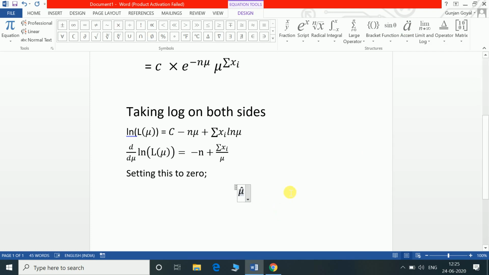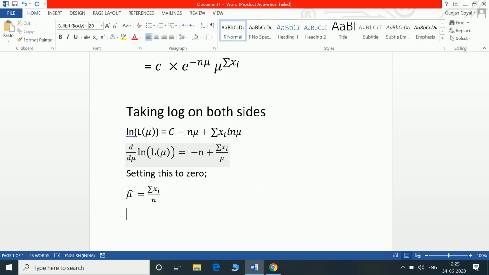This gives you mu hat is equal to. Now see, you have to come out of your highlighted area, otherwise this hat will go on. So mu hat equal to, and now if you had equated this to 0, we know this will be equal to summation of xi divided by n. So divided by sum x underscore i and the whole divided by n. So this gives me the value of mu hat, and I'll paste a space so that this comes in line.